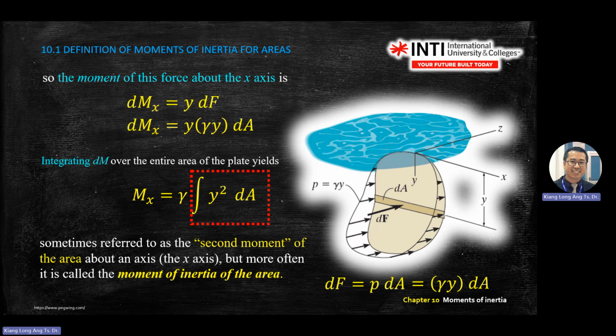So this one, the highlighted one, is the second moment of area. Okay, second moment of area, or sometimes you call it Ixx or Iyy or Izx. So this is the thing. If it's a moment of the area, you will need to consider the area.